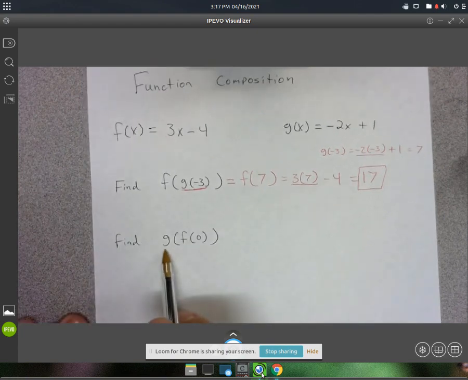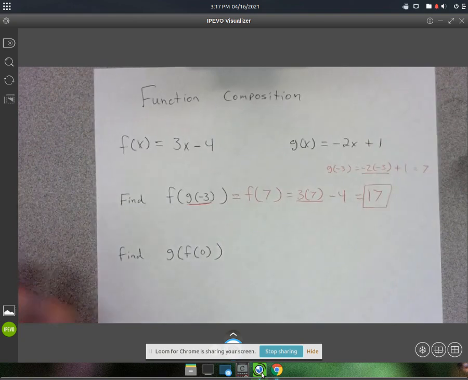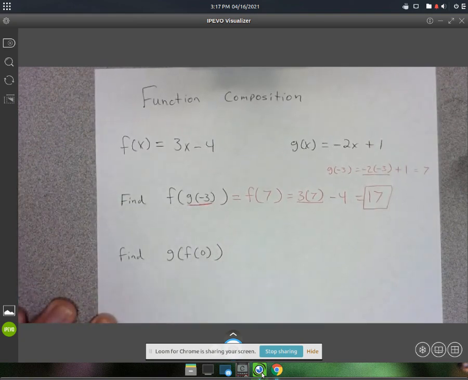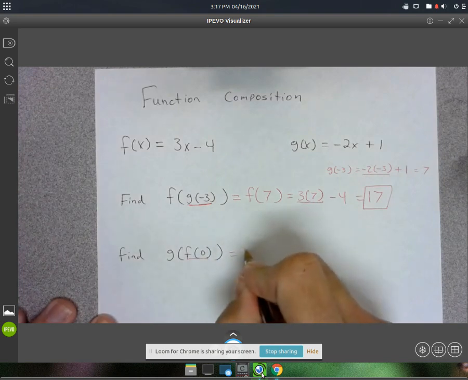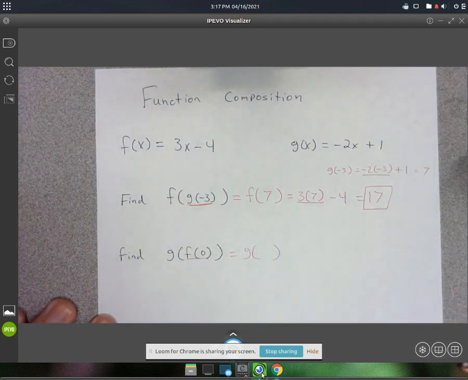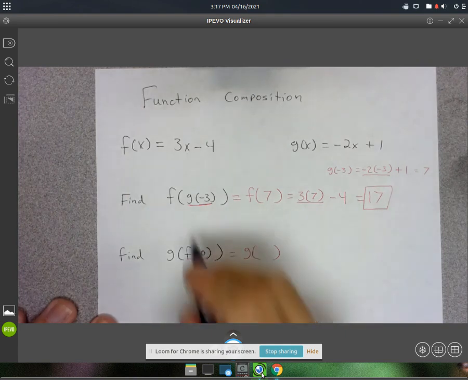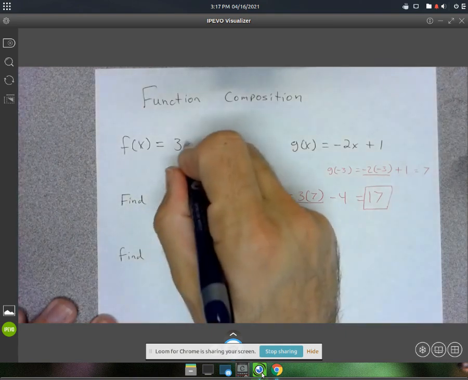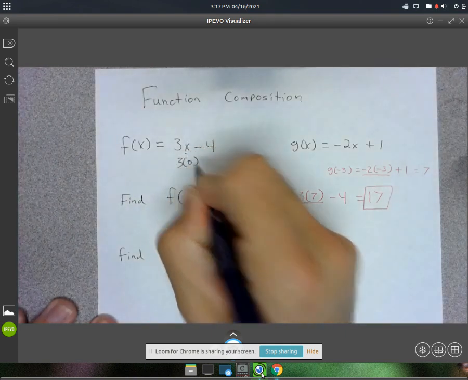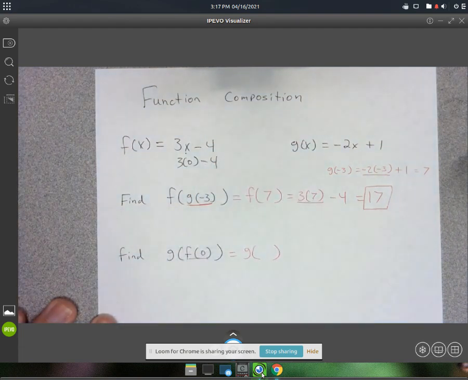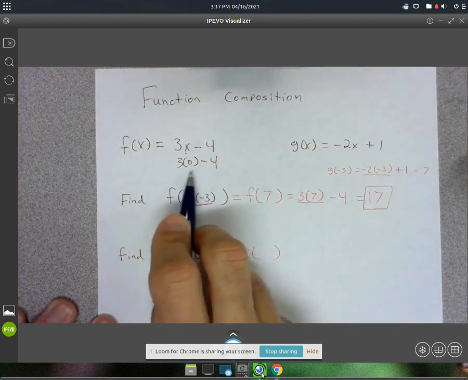All right, here we'll reverse it. We'll swap it around. G of f of 0. So you've got to do f of 0 first. Okay, f of 0, you plug in 0 for x. 3 times 0 goes away, but then you've got a minus 4. You get -4 out of that.